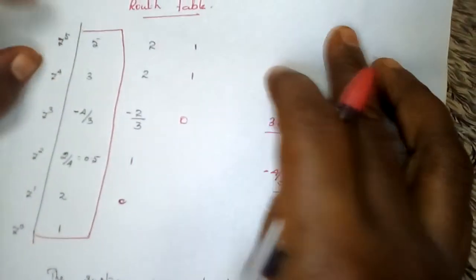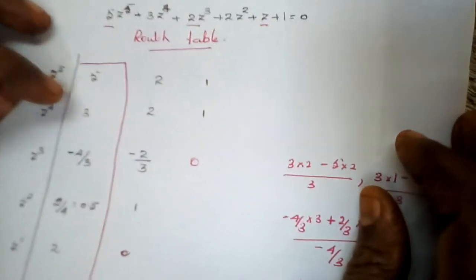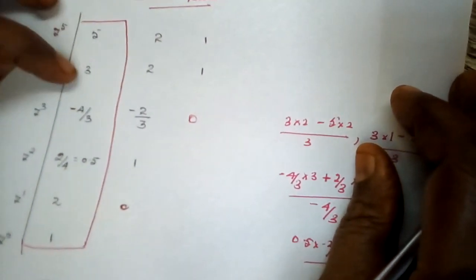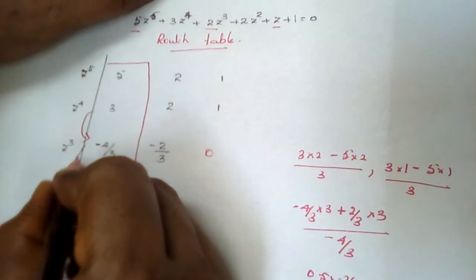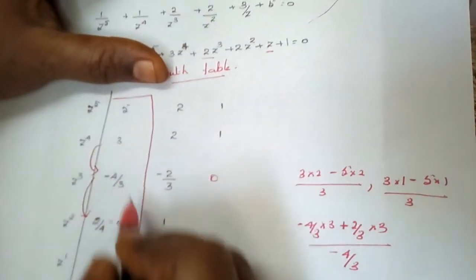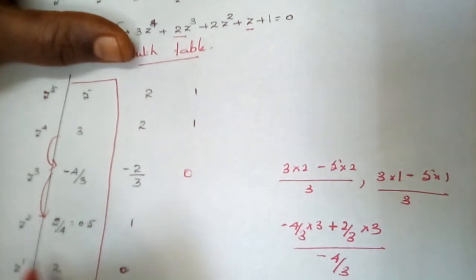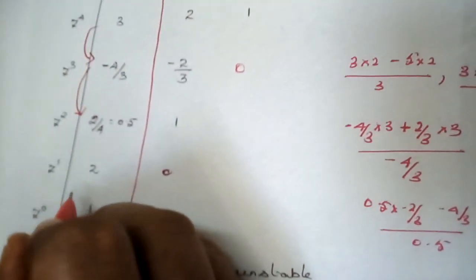And in this, 5 to 3, there is no sign change. 3 to minus 4 by 3, there is a sign change from plus to minus. Okay. And there is another sign change from minus 4 by 3 to 0.5, and 0.5 to 2, there is no sign change, and from 2 to 2, there is also a sign change.